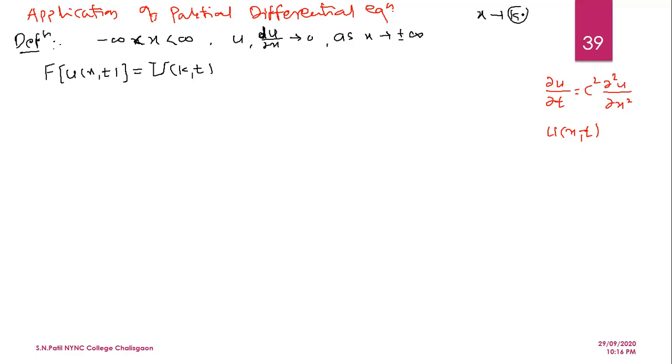In most problems, lambda is used instead of k. U(k,t) = 1/√(2π) ∫ from -∞ to ∞ of u(x,t) e^(-ikx) dx.